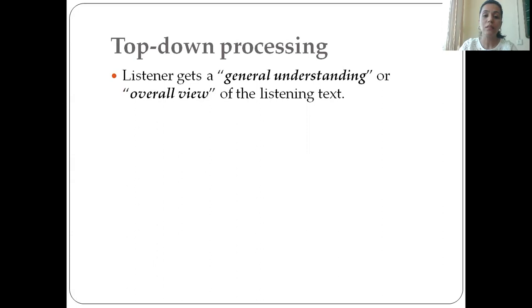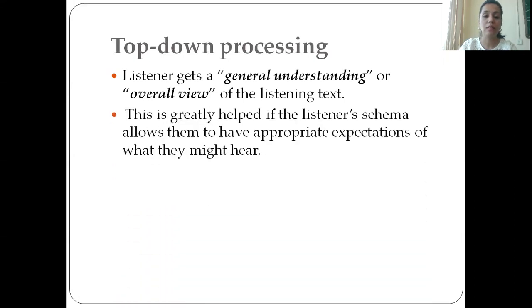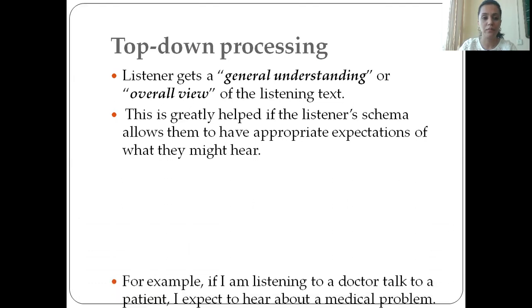So now let's look through top-down processing. The listener gets a general understanding or overview of the listening text. This is greatly helped if the listener's schema allows them to have appropriate expectations of what they might hear.